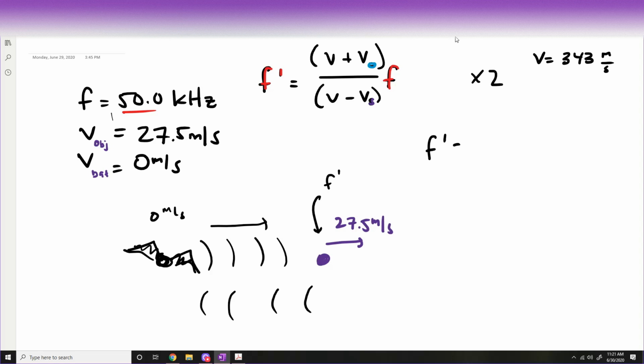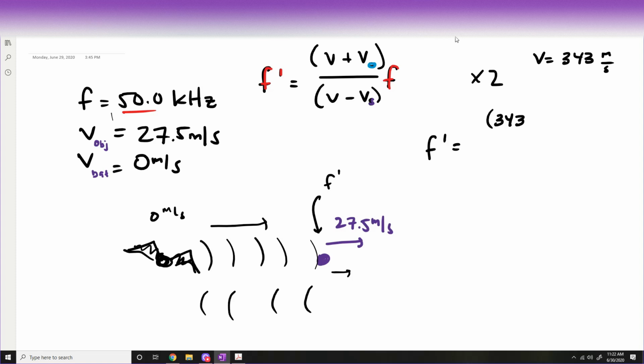So we have 343, and before I put plus or minus, let's think conceptually about whether this frequency is going to be higher or lower. If we're sending out waves and moving away from those waves, we receive the wave crests at a lower frequency than they're emitted.